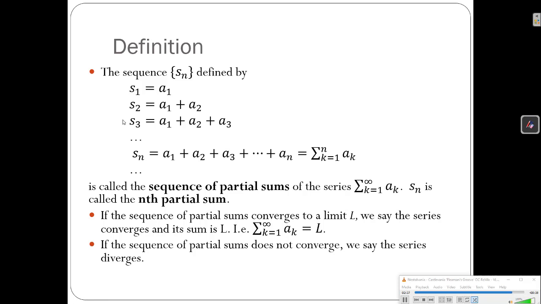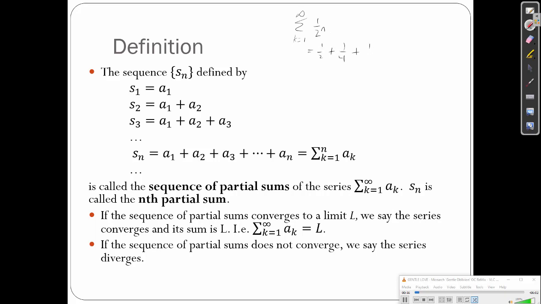Because some series will basically just go to infinity because you're adding an infinite number of terms, and you might think they all go to infinity, but think about something like the sum from k equals 1 up to infinity of 1 over 2 to the k. Well, that's 1/2 plus 1/4 plus 1/8 plus 1/16.